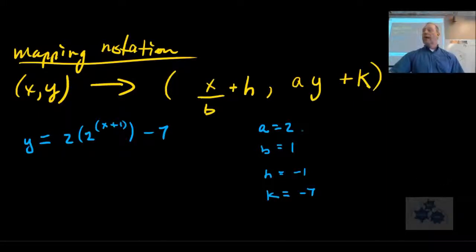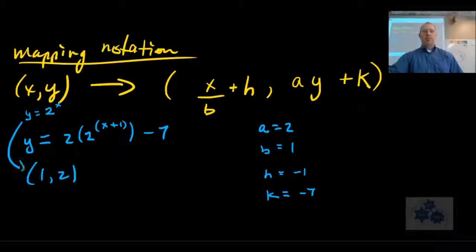So if we have those values, we can plug in any given point. Let's say on the original y equals 2 to the x, we have 1, 2.